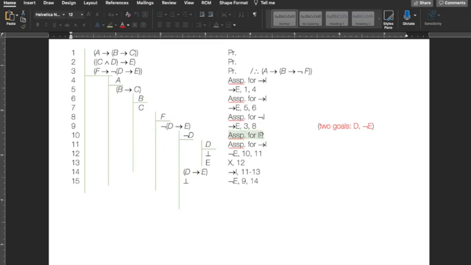It was an assumption for indirect proof, and indirect proof can end when we get a contradiction. So that means that this subproof has ended. It's closed. So line 16 can be, we have the assumption for indirect proof. We assume not D, so we can infer D. So that's indirect proof, lines 10 to 15.